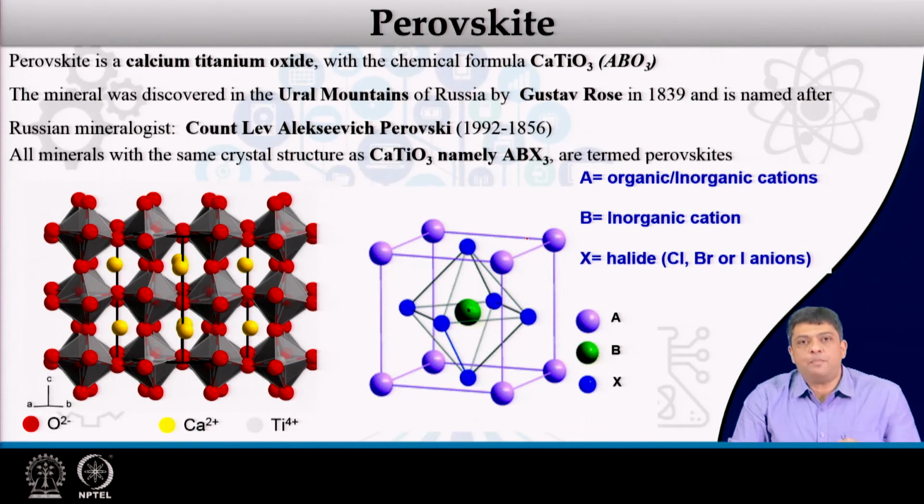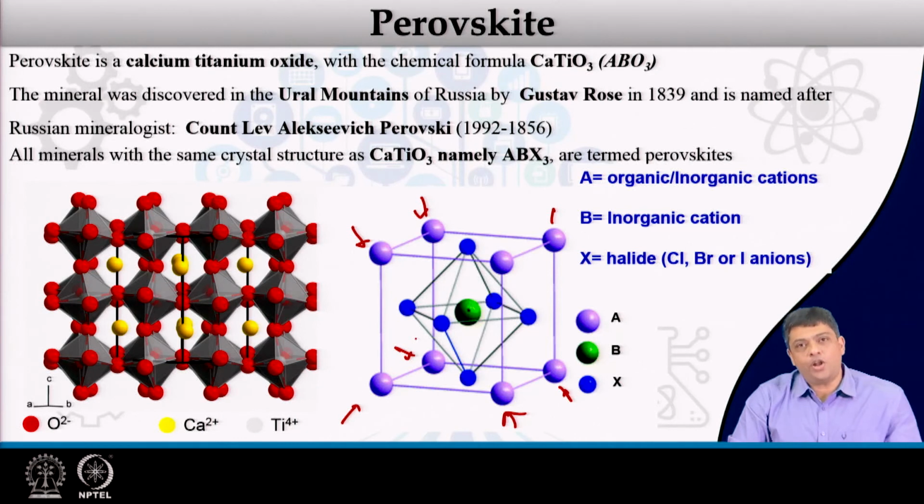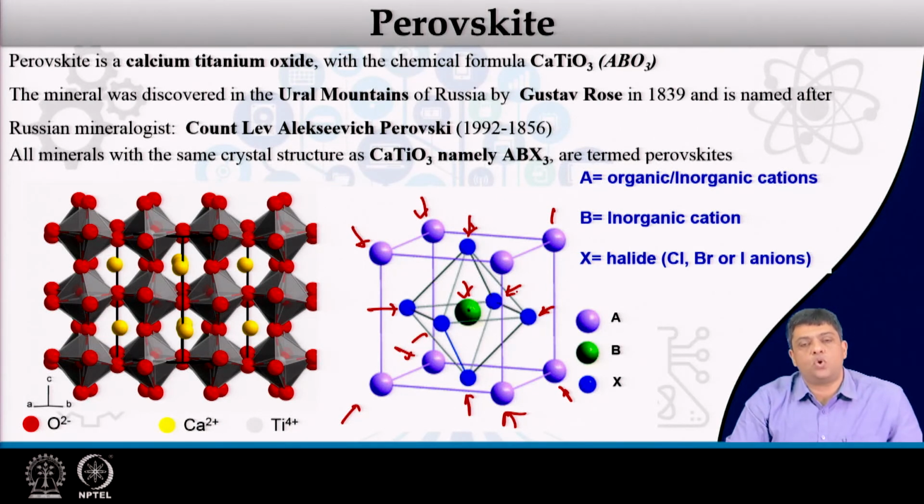The A type organic or inorganic cations occupy the cube edges. The B type inorganic cation occupies the body center, whereas the X halides occupy the face centers. In conventional perovskites, it was called ABO3, but the perovskites which we are using in our solar cells are ABX3 types of cells.